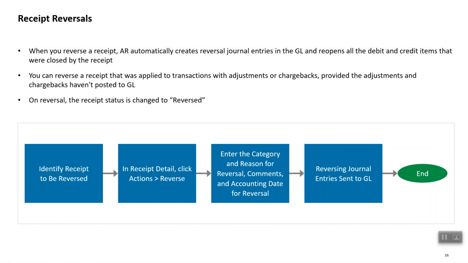One box would appear on the screen, wherein you would select the category, select the reason, put in the comments if any, and then click on Submit, and that entire receipt would get reversed. Now you can post those entries back to the general ledger module, and that is how your reversal process would eventually end. And that is the end of this particular topic also.